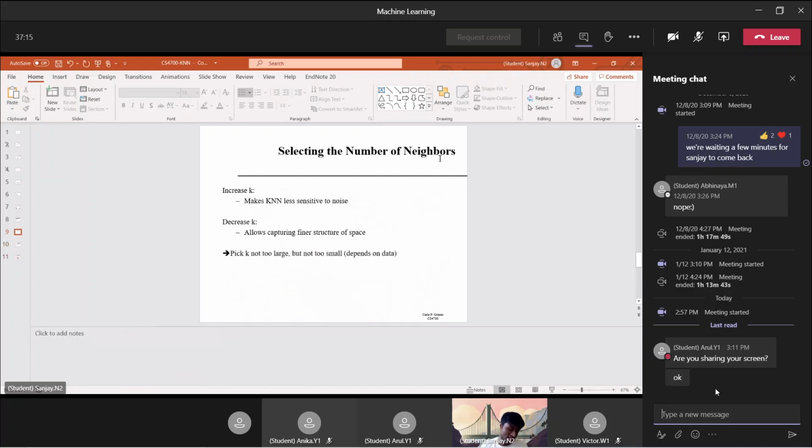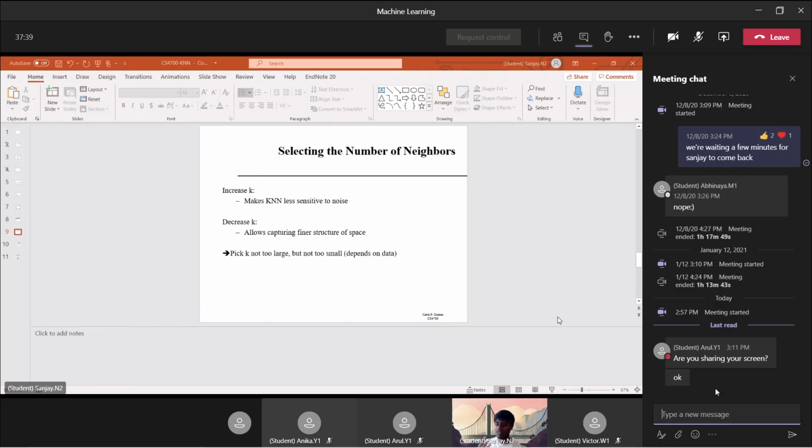So the first is how do we select the number of neighbors we want to use? The advantage of increasing the number of neighbors is that our algorithm will be less sensitive to noise. Say the training sample you're looking at is, for some reason, plotted very next to an outlier from the other class.